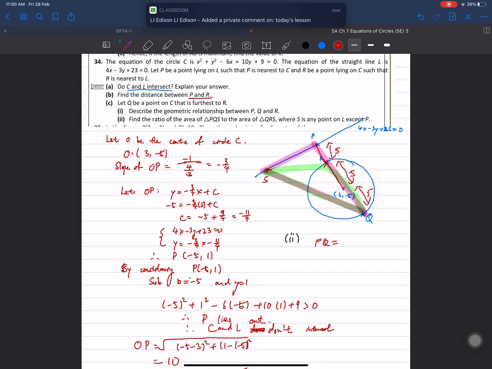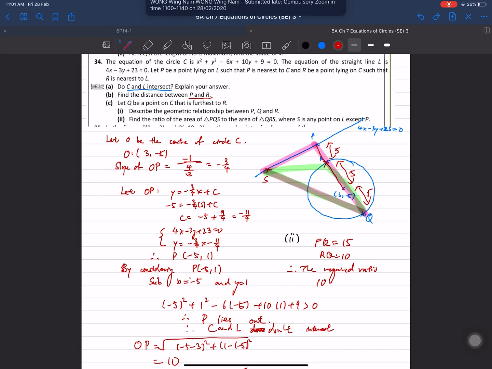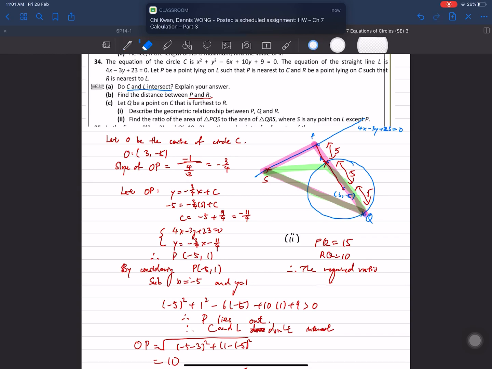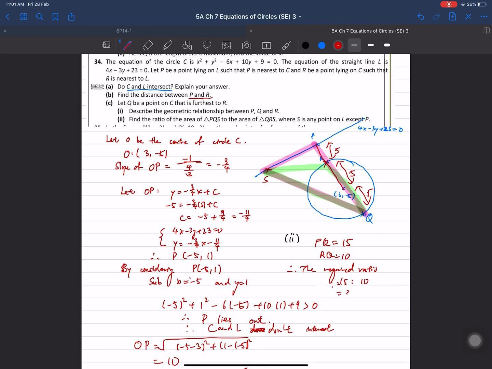Because the radius is equal to 5, PQ is equal to 15, and then RQ is equal to 10. So the required ratio is 10 to 15, which is equal to 2 to 3.